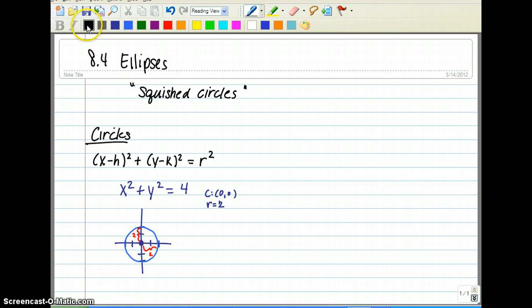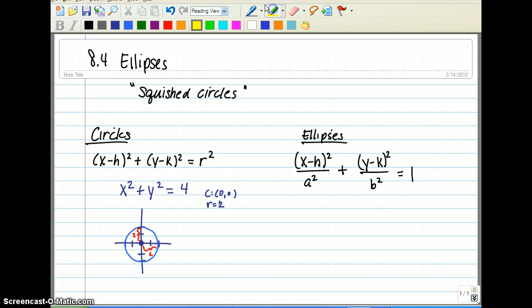Well, now we're going to have an ellipse. And our formula will be (x minus h) squared over a squared plus (y minus k) squared over b squared equals 1. So let's notice the differences between these two. In circles, this was equal to a number, and we liked it when it was a nice number like 4 because you take the square root of it.